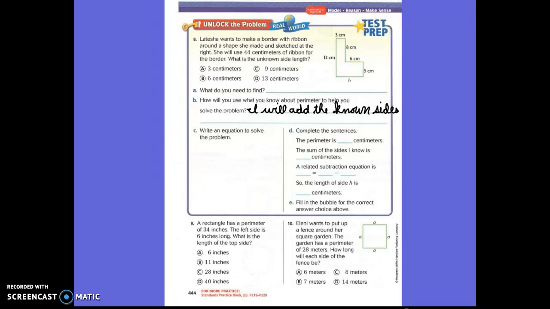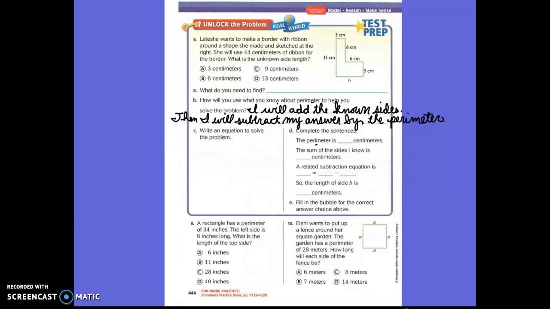Then I will subtract your answer by the perimeter. You will subtract it by the perimeter that you know.